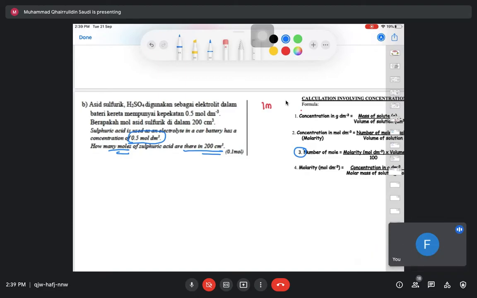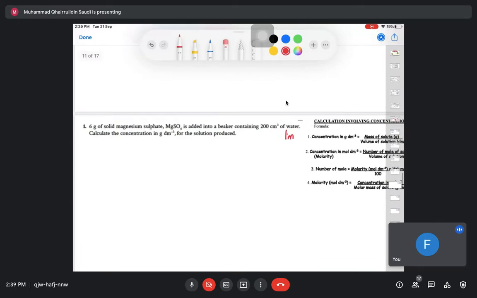No. Directly put in molarity times volume. 0.5 mole per dm cube times volume in centimeter cube divided by 1000. It is 0.1 mole. 1 mark. If you are fast I just tell you directly.